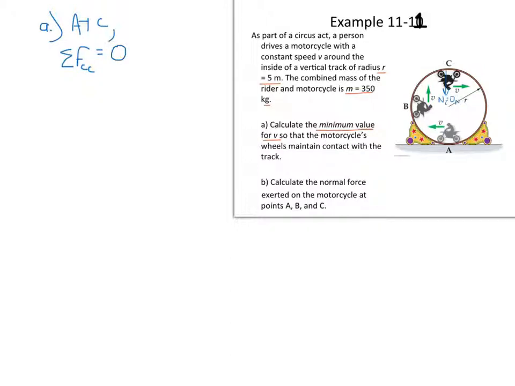There's just barely no normal force. But what other forces are acting on the rider there at C? Well, there's weight force, of course, right? That's mg, the mass of the rider and the motorcycle.